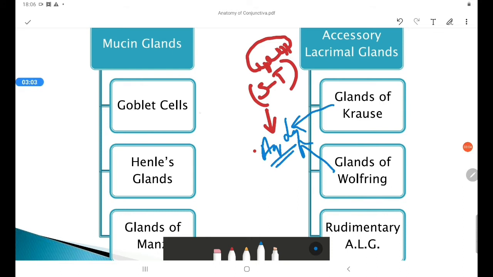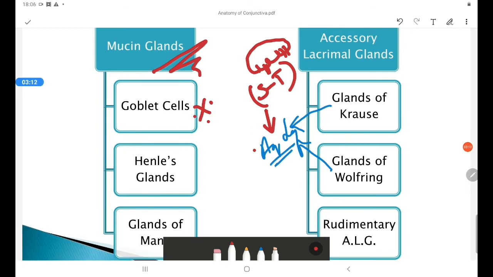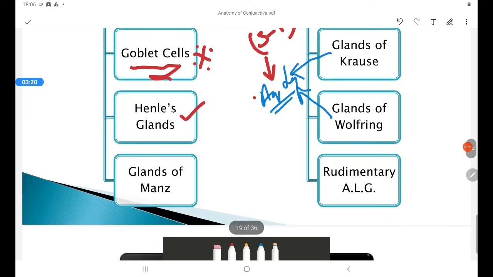And more importantly, with regard to the conjunctiva, you should know that it has mucin glands, and the most important mucin gland is the goblet cells. There are also Henle's glands and the glands of Manz, which are located in the conjunctiva.